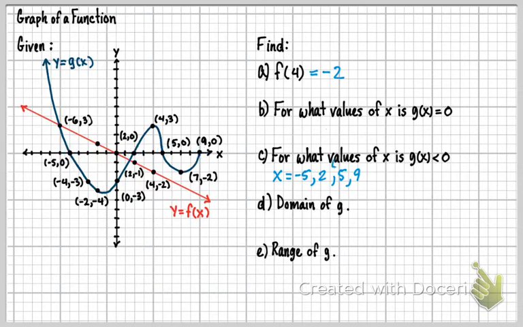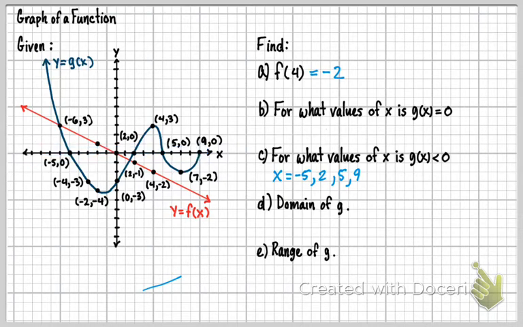So now for the domain of G, that's all possible x values. So I'm going to look on this line here, and I'm going to say, hey, for what values is this function defined on the x-axis? So how far left, how far right, and how far with everything in between.